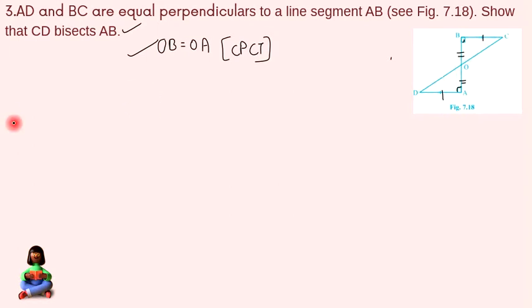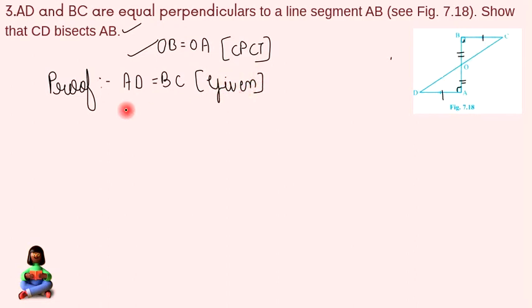So let's write the proof here. See, the things given to us: AD is equal to BC, given. Angle A is equal to angle B, given. Now we can see that angle DOA will be equal to angle COB.